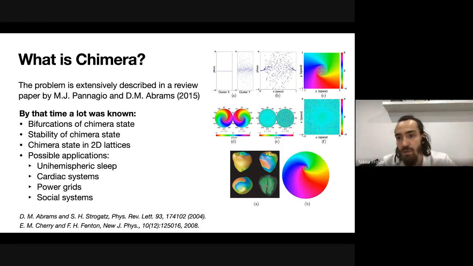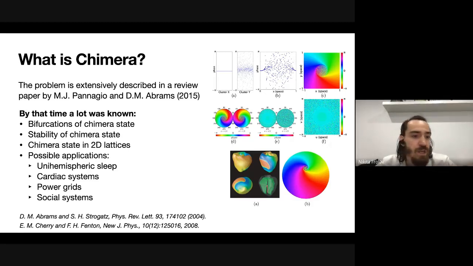Figure B represents a reproduction of the original Kuramoto and Battogtokh results in a single population. Figures C, D, E, and F demonstrate various patterns of chimeras in two-dimensional lattices of nonlinear elements.